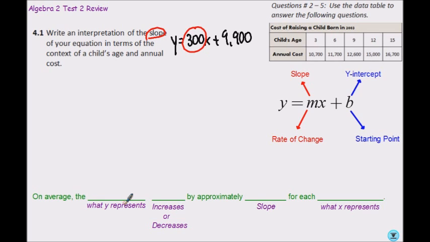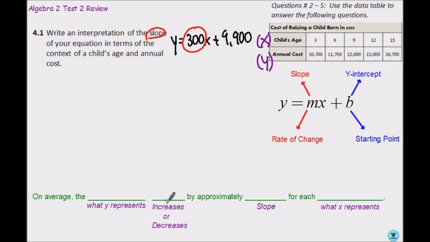Well, let's see, what does y represent? x was the child's age, and y was the annual cost. So on average, the annual cost, and then increases or decreases.